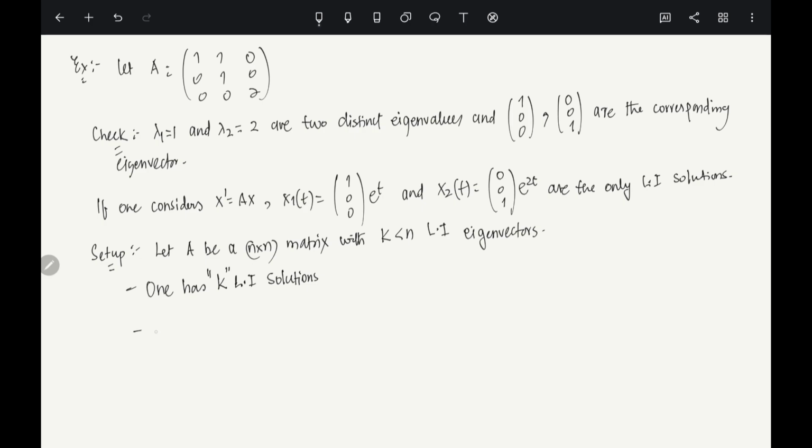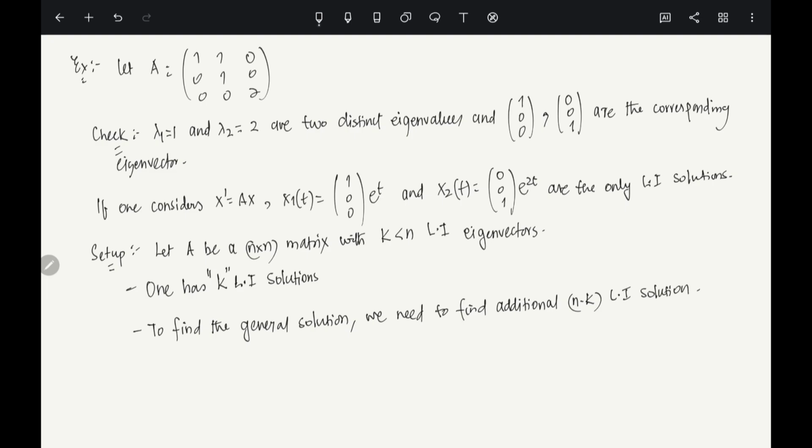Now to find the general solution, what do we need? We need to find the additional n minus k linearly independent solutions. Clear?